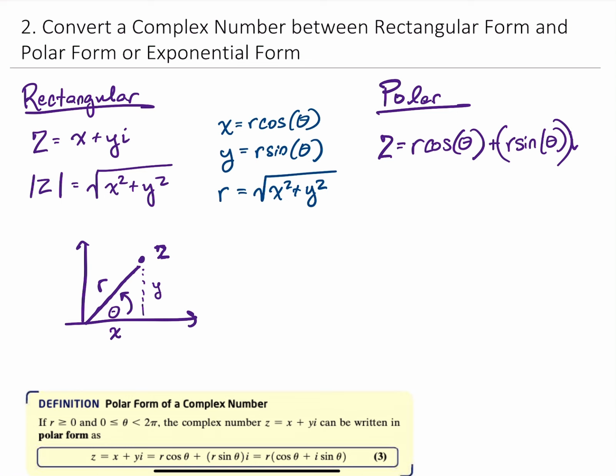Maybe I'll stick that in parentheses. Each of these terms has an r, so we typically factor that r out in front. So I can say r times the cosine of theta plus, and usually put the i first, i sine theta.